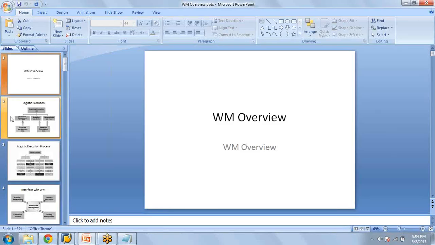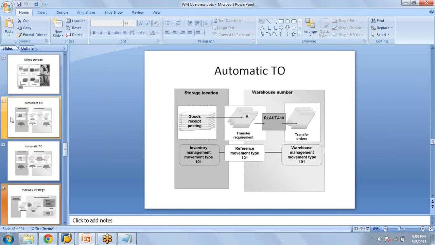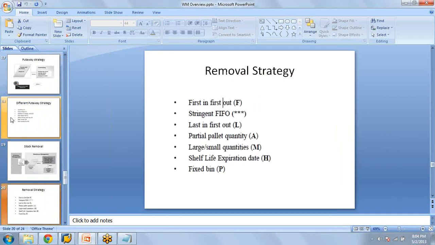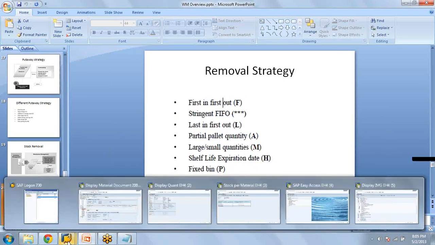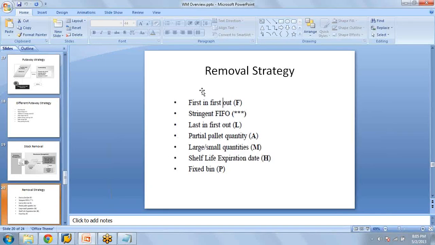See, these are the put away strategies. In the same way, you have picking strategies. This is FIFO, and you want me to run one FIFO picking strategy process, right? We also have shelf life expiration. If the material is activated with shelf life, then we use the picking strategy for shelf life expiration date.